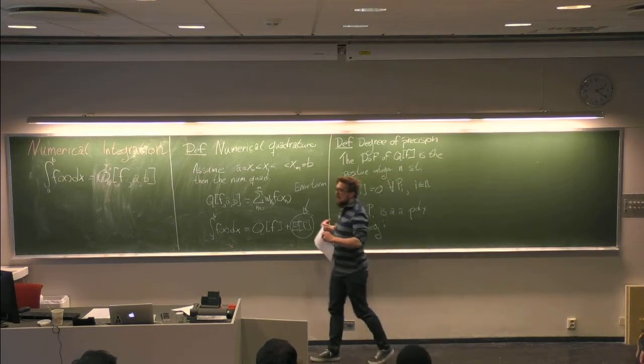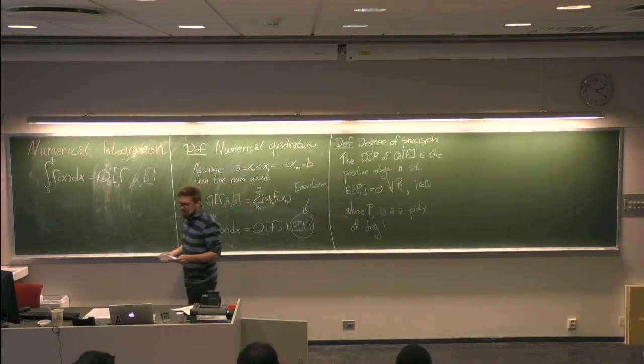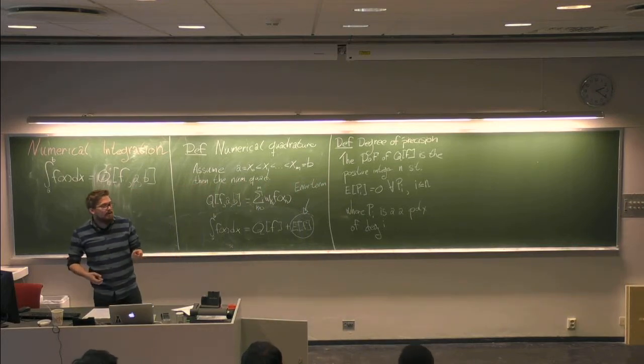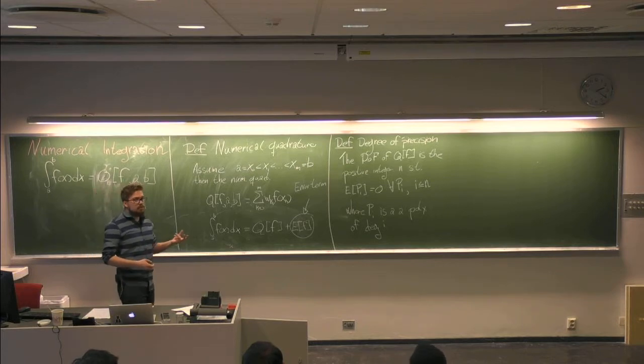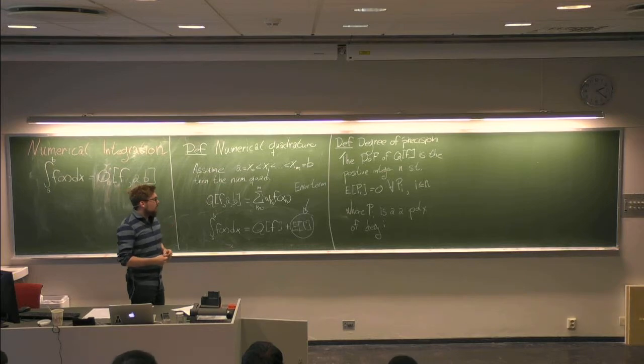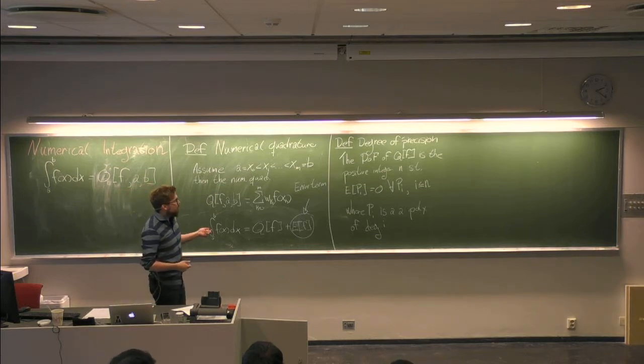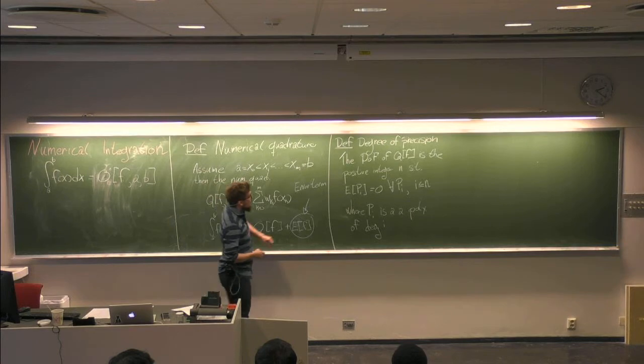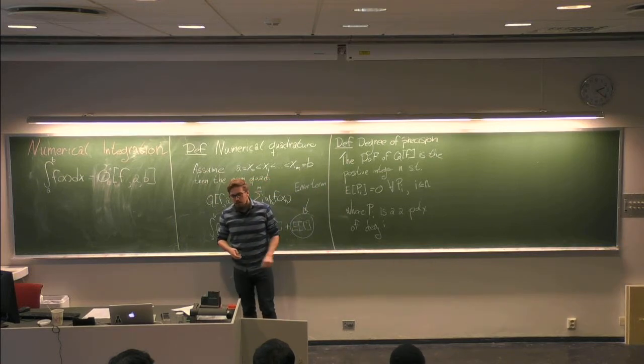So if we have a method of a degree of precision 2, this means that we can integrate all second order polynomials without introducing any errors. If we have a degree of precision of 5, that means we can integrate all polynomials of degree 1, 2, 3, 4, and 5 without introducing errors. So this term is going to be 0.